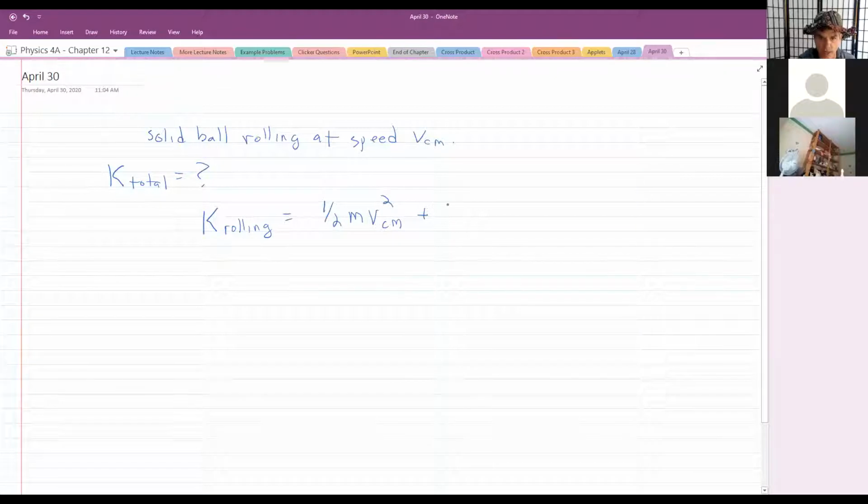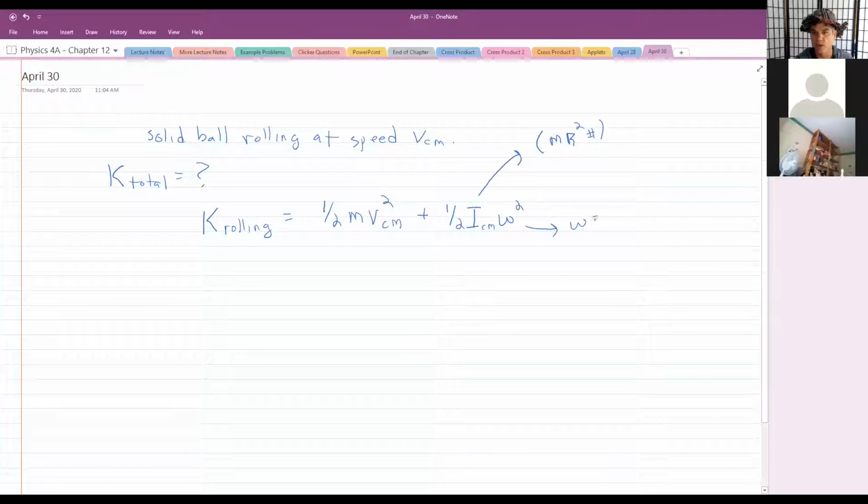And I have a 1/2 the moment of inertia about the center of mass times omega squared. How you always end up doing these problems is you replace I with some function, which will be mr squared times some number, depending upon what kind of object it is. And then omega, you replace with the speed of the center of mass divided by r.